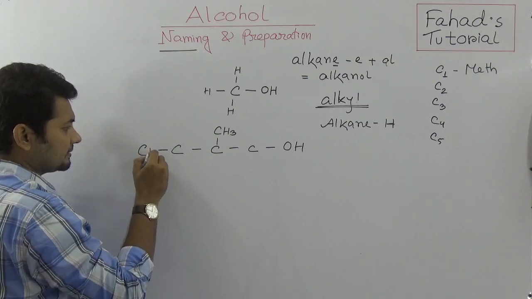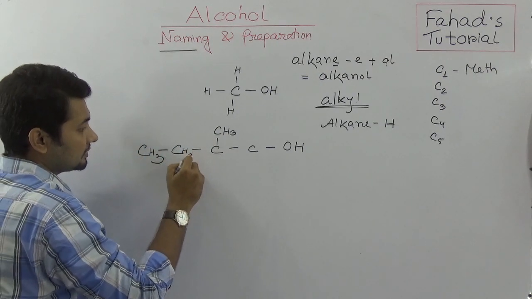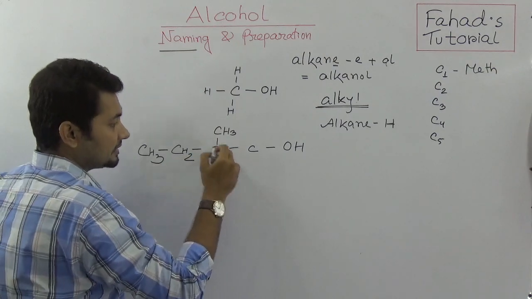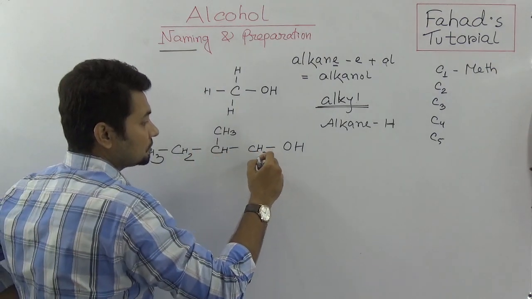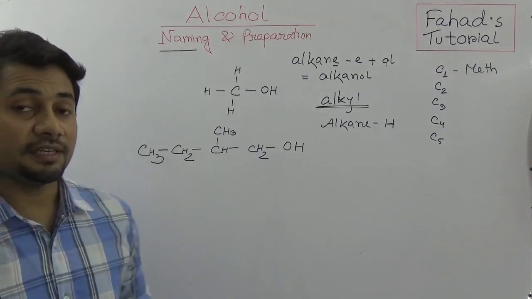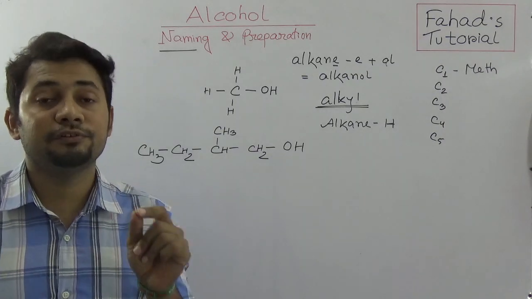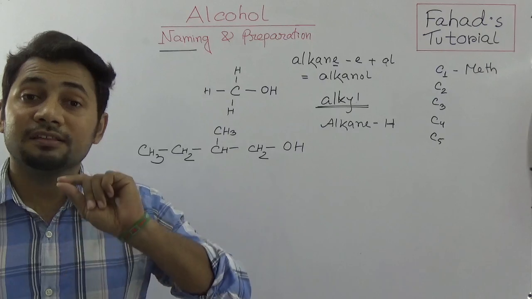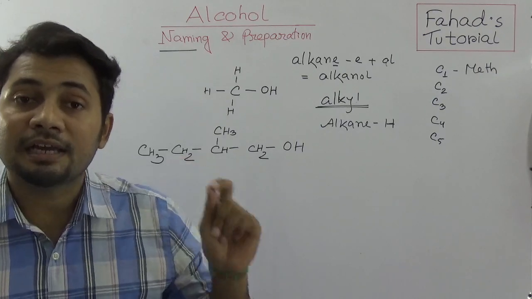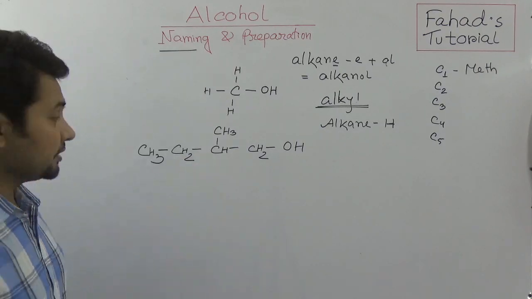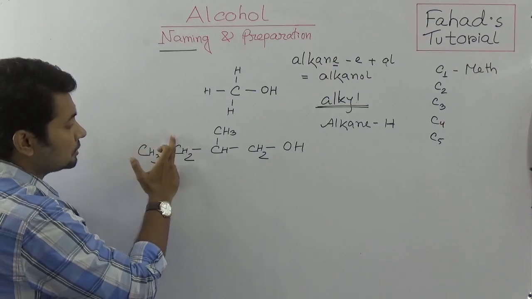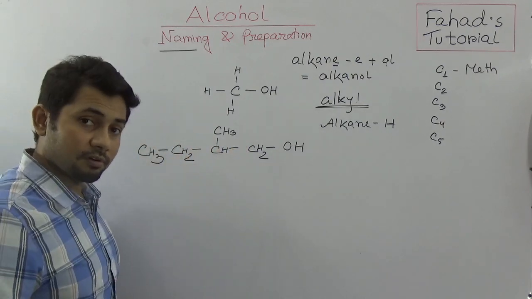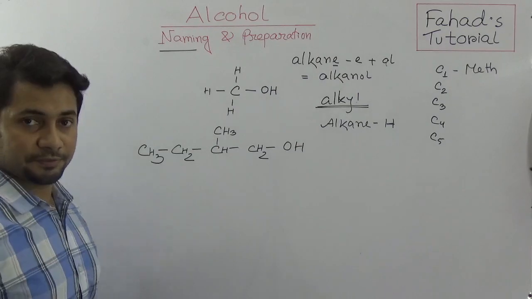So the structure is CH3, CH2, CH, CH2 and OH. Now you think, I always say that we have to understand from which side we will count the number of carbon. Should we go from here, 1, 2, 3, 4, or should we start from right to left?